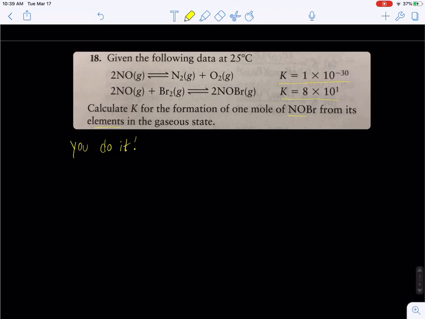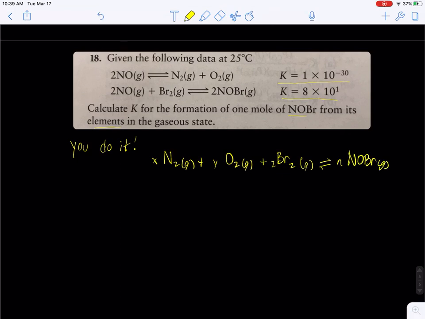So we want to know nitrogen, oxygen, bromine, that's in equilibrium with NOBr.